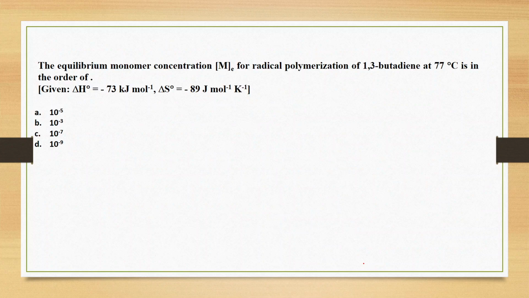We have 5 minutes left. I did find this question; there are not many numerical problems left. I have just checked. This is one, which I have hurriedly pasted here. Try to solve it. It states: the equilibrium monomer concentration for radical polymerization of 1,3-butadiene at 77 degrees C is in the order of what? You have to get the order of this equilibrium monomer concentration, and the values for delta H and delta S are given.